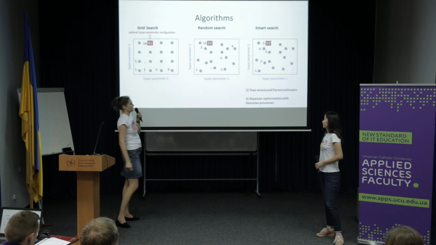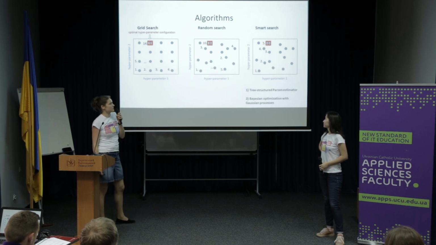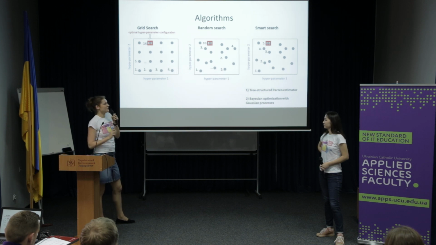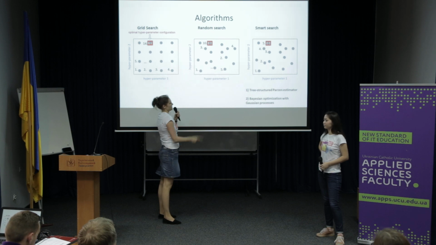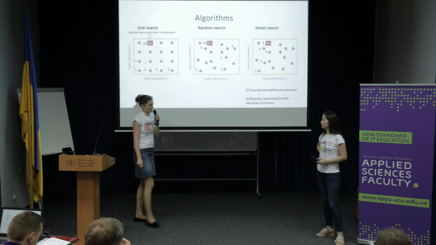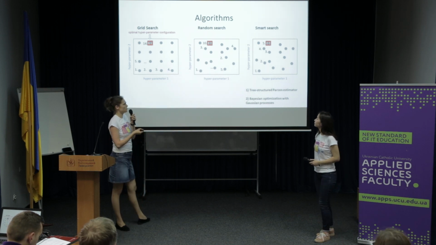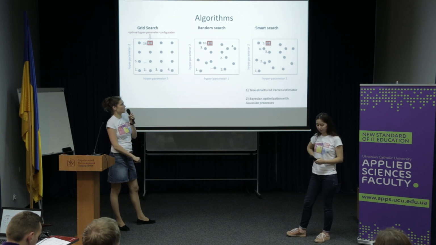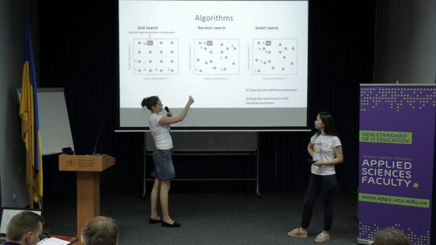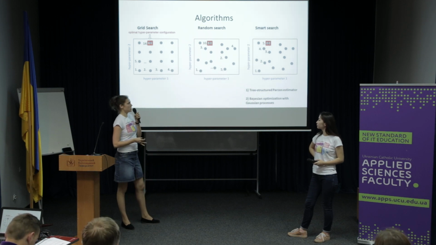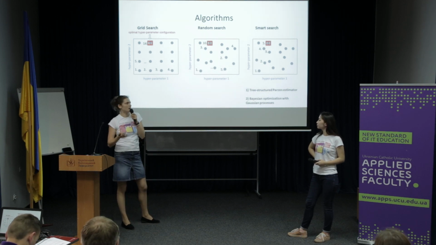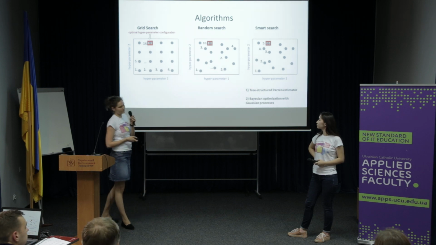It can also take a long time. So the methods we used are smarter. We used the tree-structured Parzen estimator and Bayesian optimization with Gaussian processes. So in a nutshell, what makes them different from these approaches? We take into account the whole history of points which we already evaluated to find a new promising candidate.